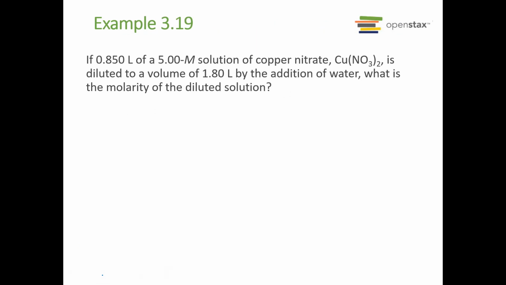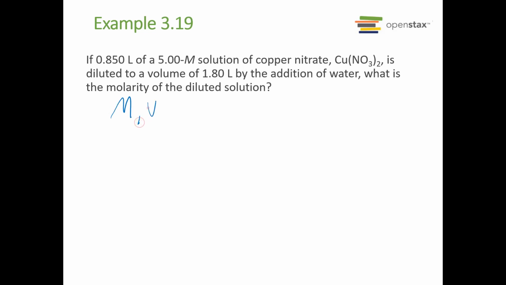If 0.850 liters of a 5.00 molar solution of copper nitrate is diluted to a volume of 1.80 liters by the addition of water, what is the molarity of the diluted solution? So this time we have volume given to us in liters, but they're both in liters, so we can keep them in units of liters.